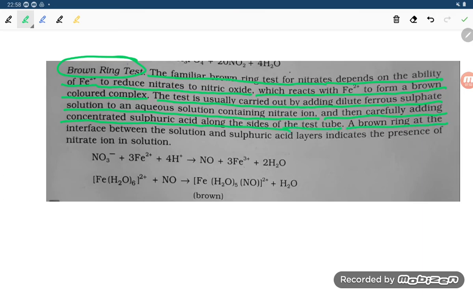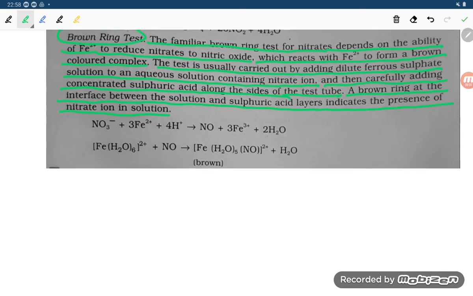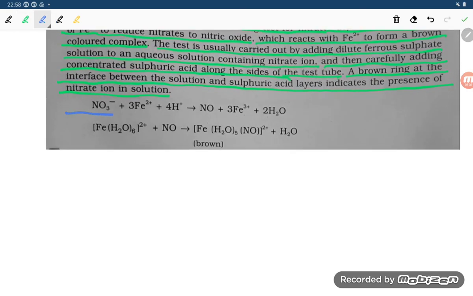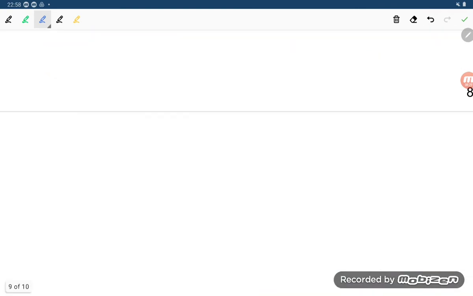A brown ring at the interface between the solution and the sulfuric acid layer indicates the presence of nitrate ion. Nitrate ion plus 3Fe2+ plus 4H+ gives nitric oxide, which reacts with the iron complex to give [Fe(H2O)5NO]2+. This brown color indicates the presence of nitrate. So this is the brown ring test.